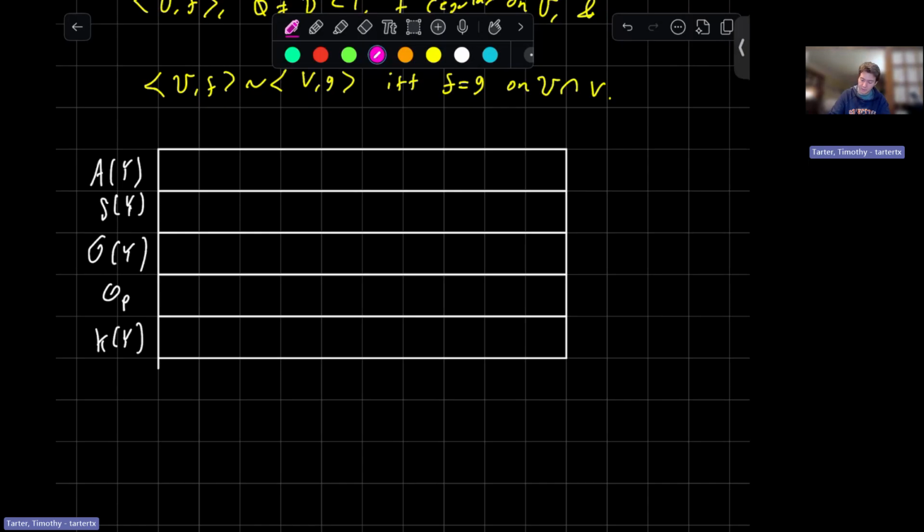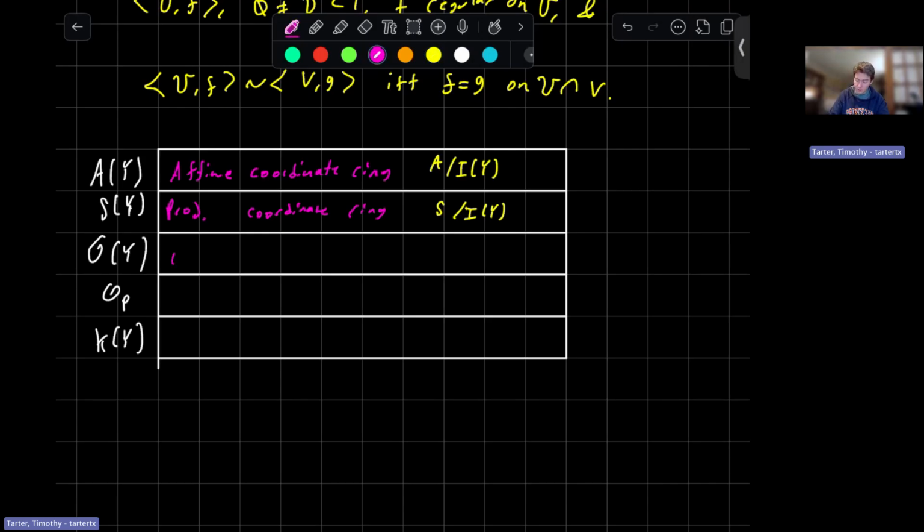Affine coordinate ring. A quotient I of Y is the affine coordinate ring. This is the projective coordinate ring, S quotient I of Y.